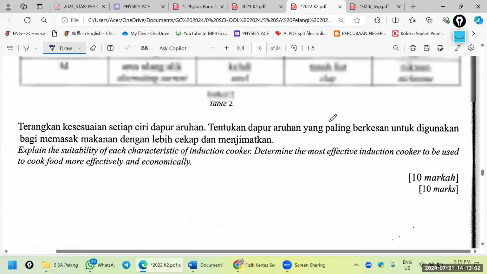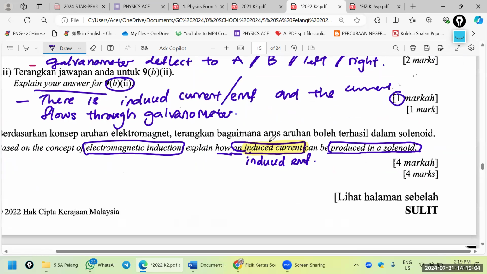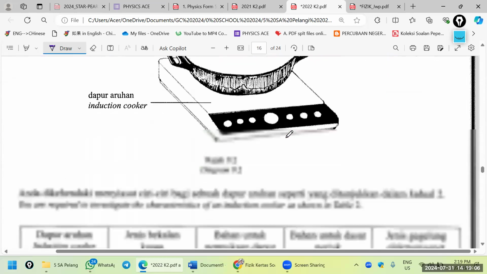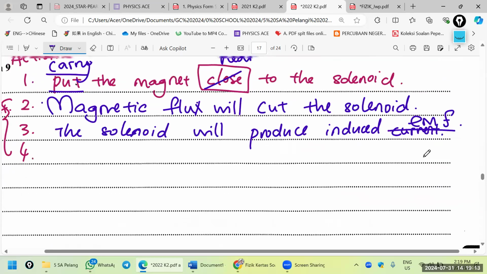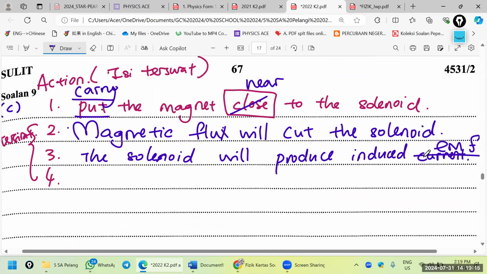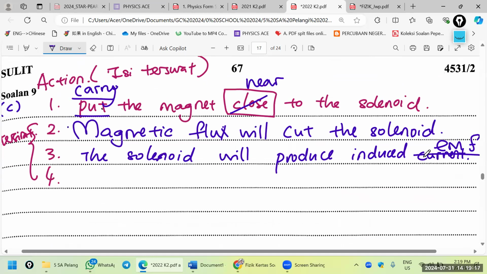Question got current, we don't use. Use EMF. So in SPM, they don't want you to repeat question. They want to assure you really understand the concept. You use other synonym.